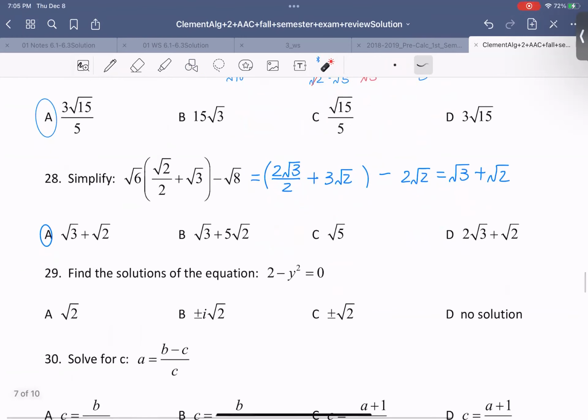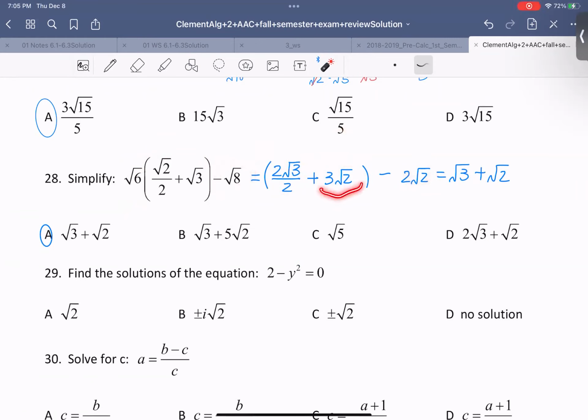Next one. This is simple. This is square root 6 times square root 2. You take the 2 out, square root 3 left, and then over 2. And square root 6 times square root 3, you take 3 out, you have square root 2 left. Square root 8 is going to be 2 times square root 2.